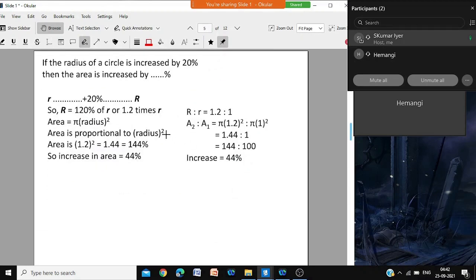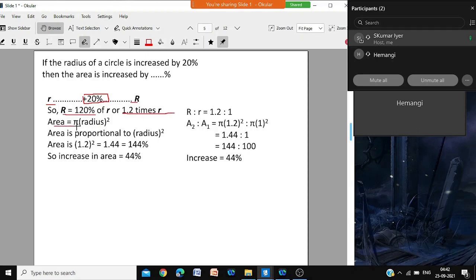So the old radius is r, small r, and the new radius is capital R. The starting is always 100%, so the new radius is 120% or 1.2 times r, that is 1.2 times the old radius.